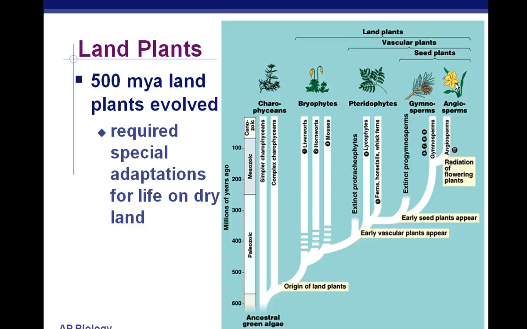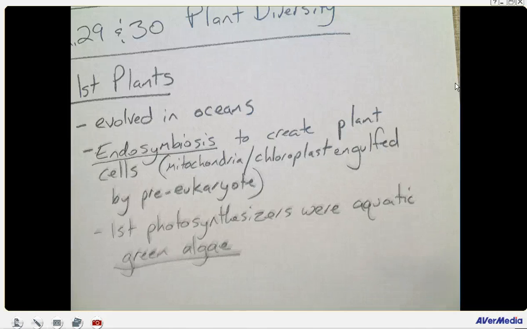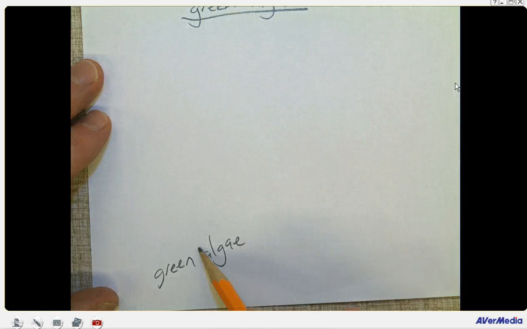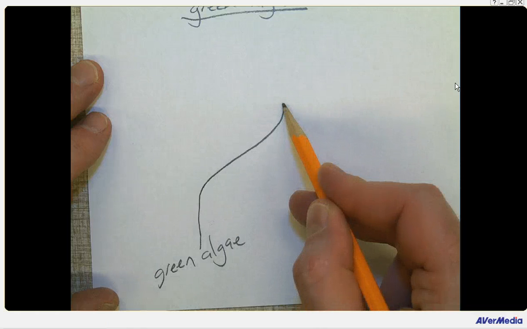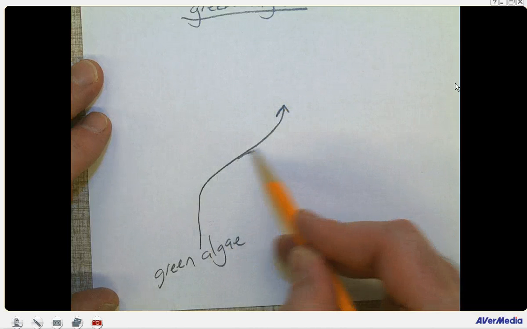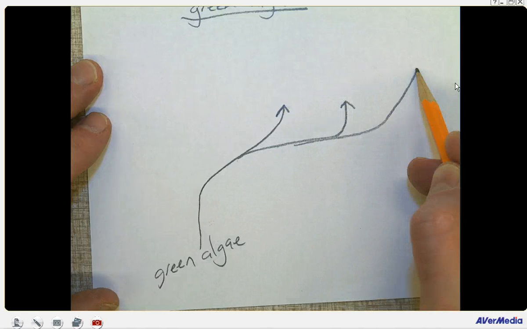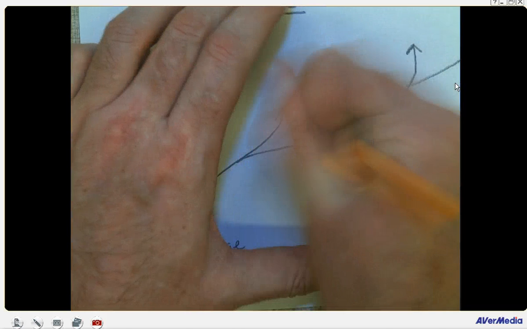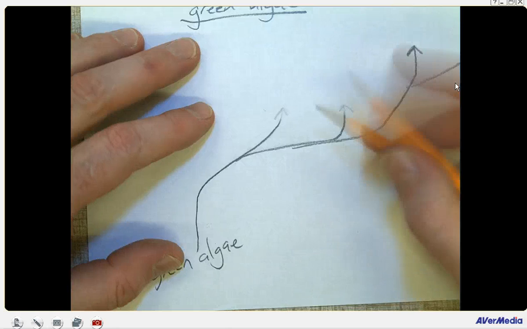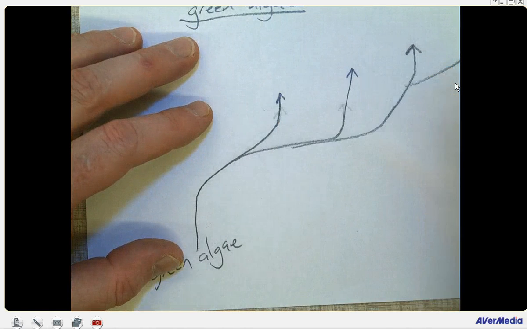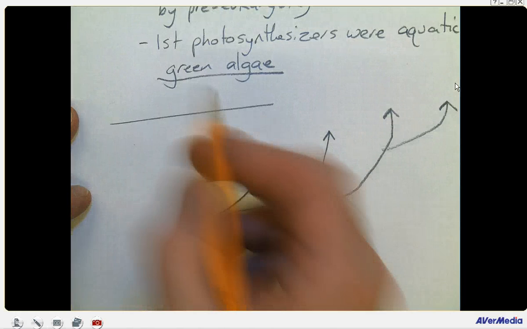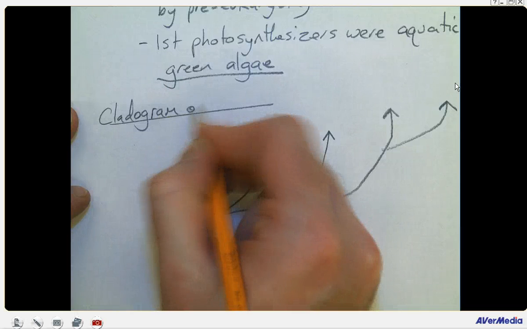At this time, we're going to copy down this cladogram. Label this cladogram of plant divisions.